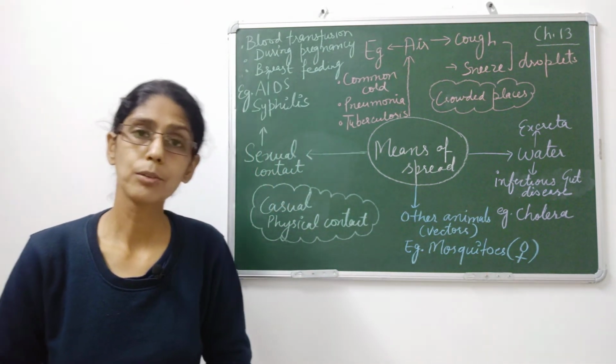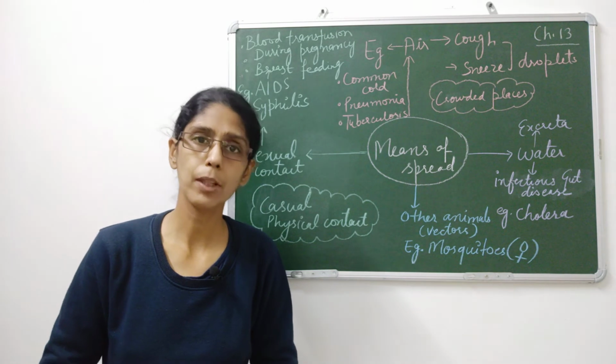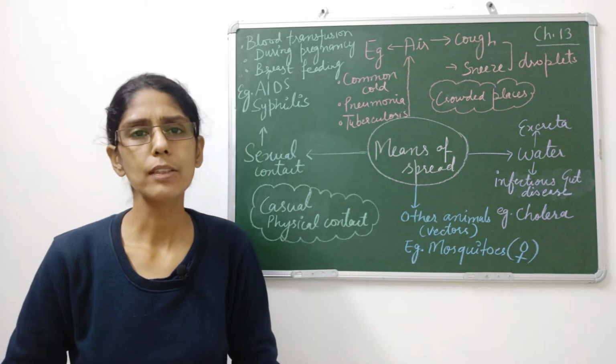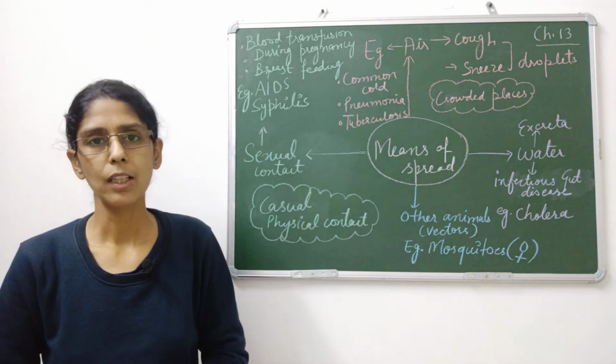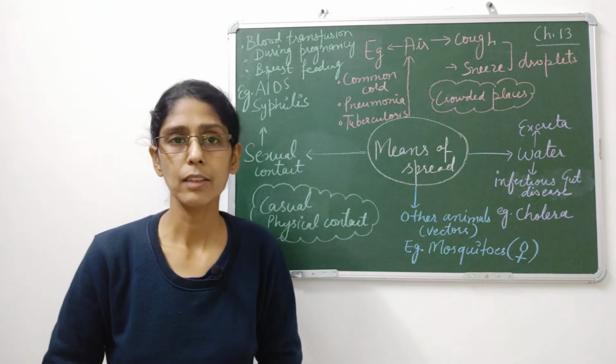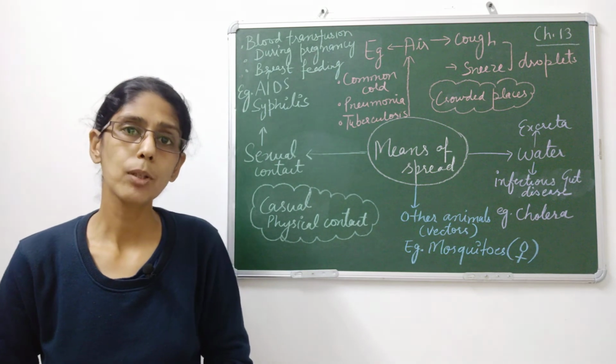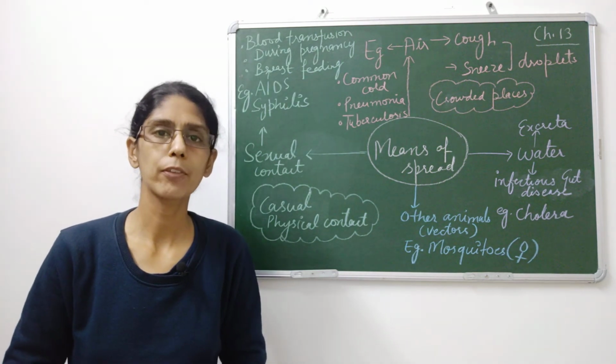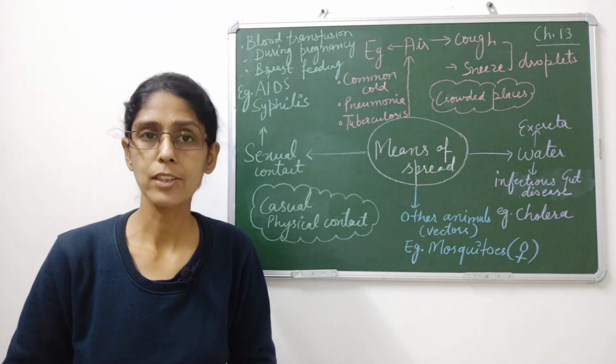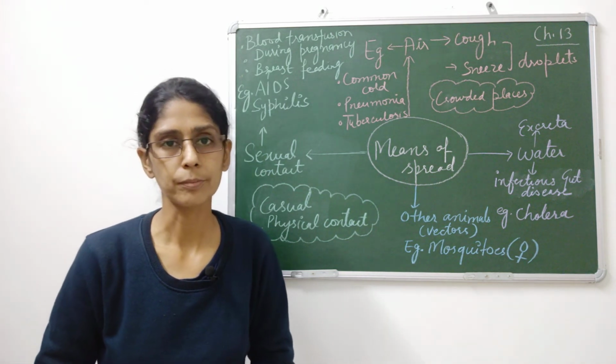Male mosquitoes do not bite human beings, they don't suck blood from human beings. So what is the reason? Why only females? Females suck blood from human beings or other warm-blooded animals because that blood is required for development of the eggs of the mosquito.